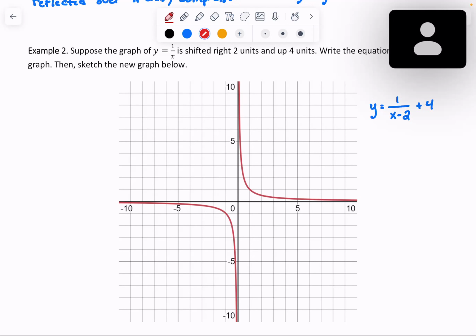So let's say over 2, up 4. 1, 2, 3, 4. So obviously this is not going to be a great graph. So 2, and 1, 2, 3, 4. Here it's going to look something like this. Here it is on the bottom piece. Here it is on the top.